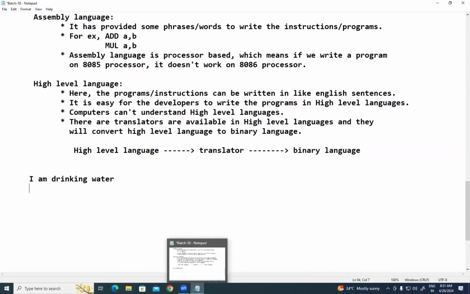मैं पानी पी रहा हूँ. Exactly true translation, na? I am means what? मैं. पी रहा हूँ पानी. Am I right or not?